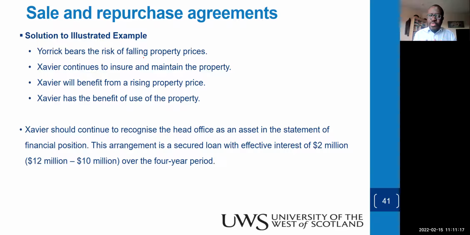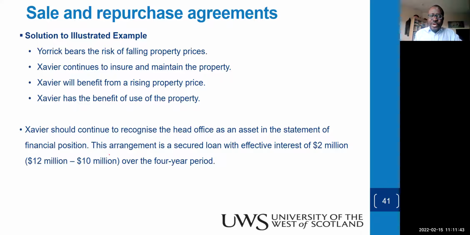He will continue to maintain and insure it, so he more or less gains control over it. He will benefit from property rises. He will buy it in 4 years' time at 12, at which point we are being told that the value of the asset will keep rising. So more or less, he's benefiting totally at the end of the day. So Javier should continue to recognize the head office as an asset in his books.